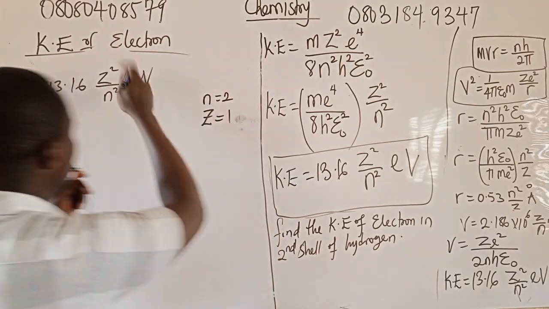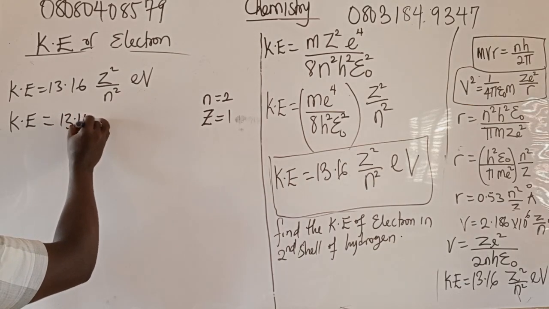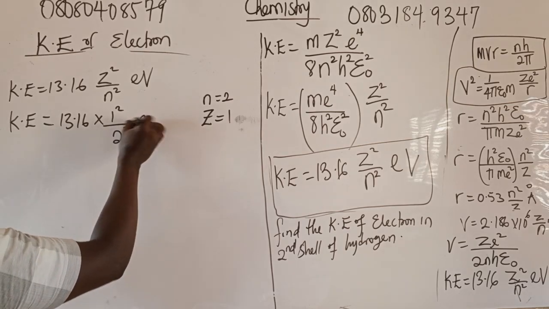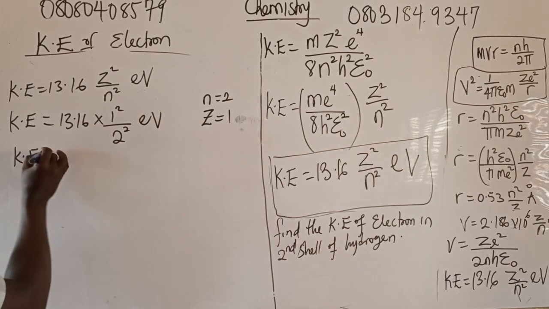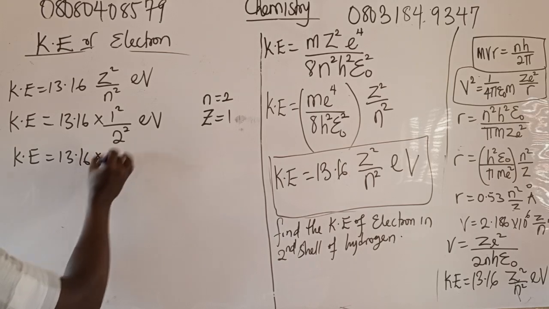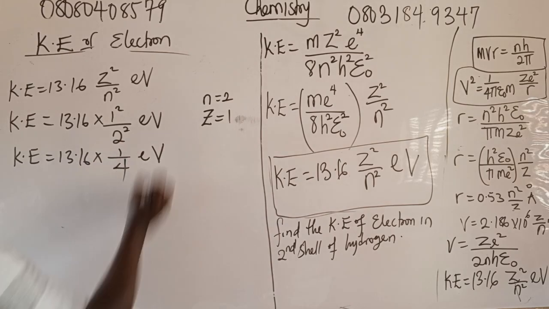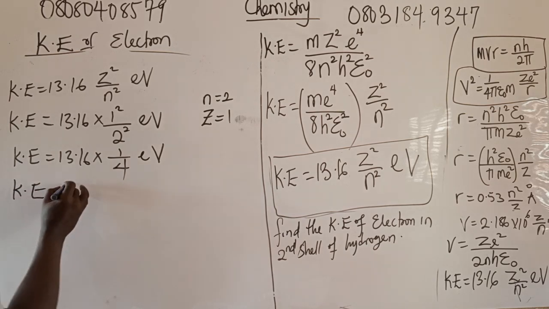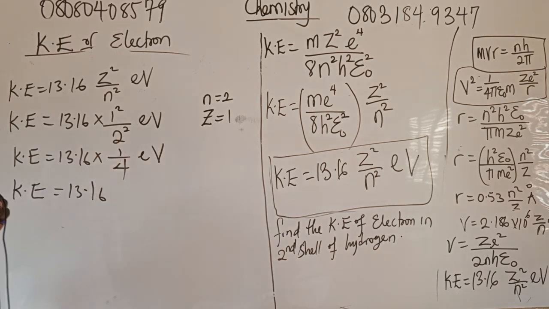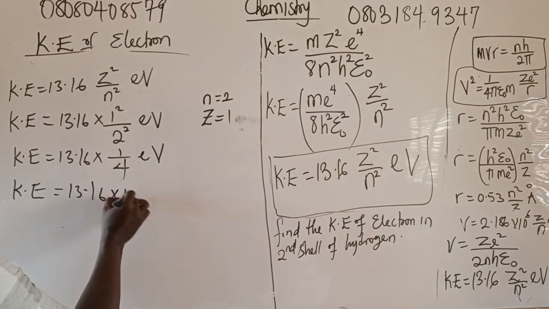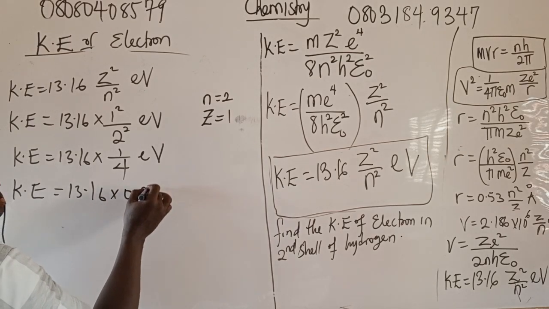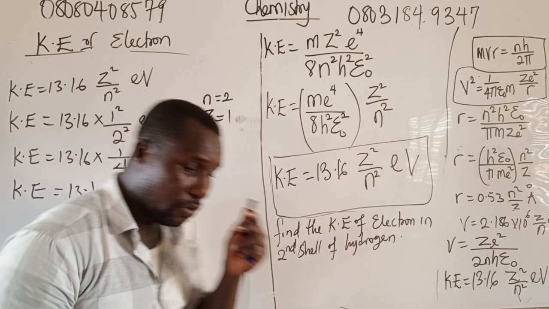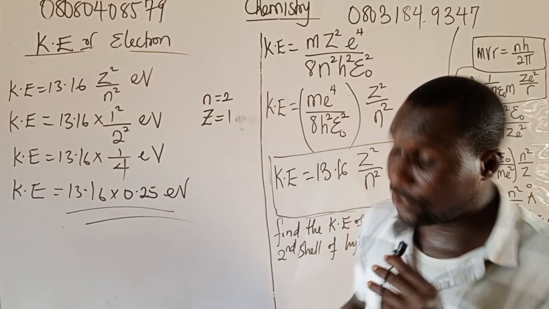Put everything: 13.16 times 1 squared over 2 squared electron volt, which is 13.16 times 1 over 4, that is 13.16 times 0.25 electron volt. Then do your multiplication. Take note of that.